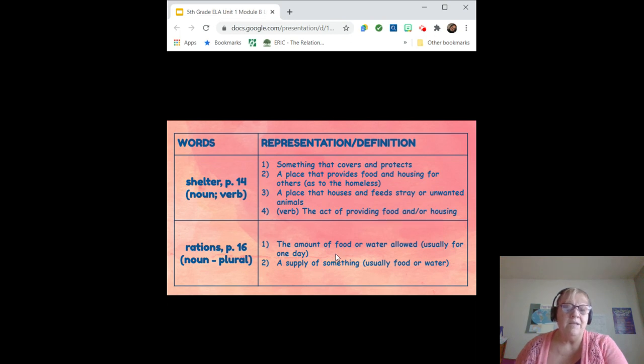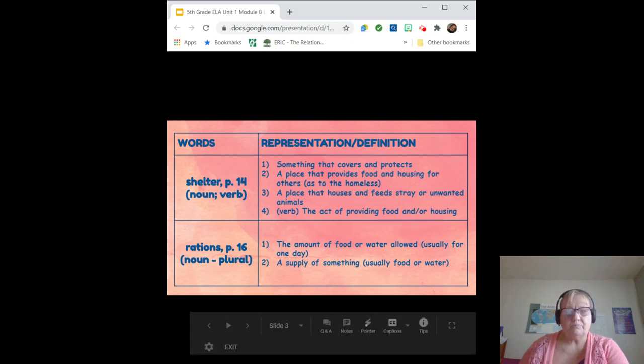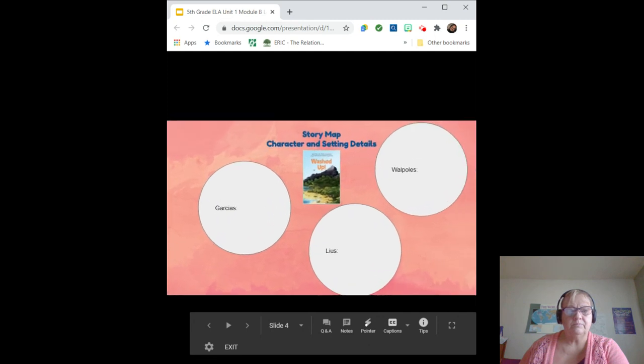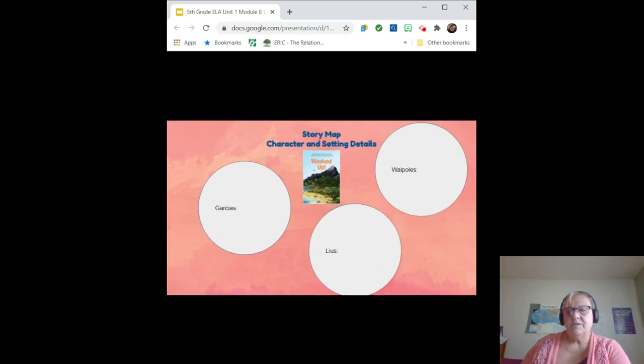It's a supply of something. So after we read the text, let's think of how you could draw a representation for each of those words in the particular text that we're reading.